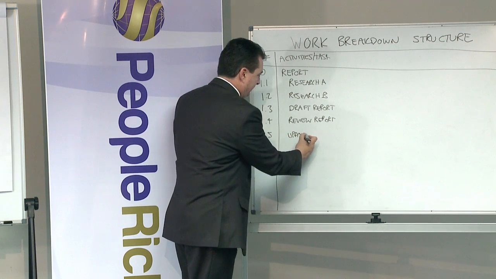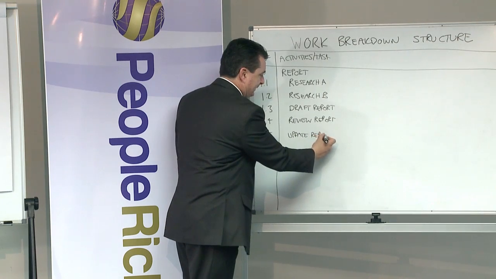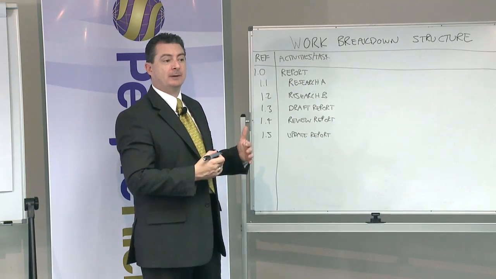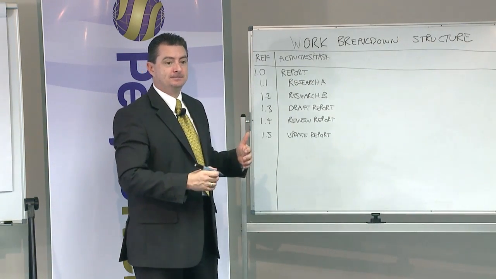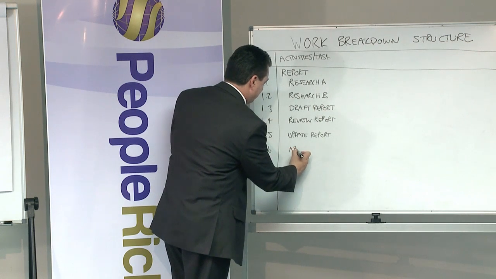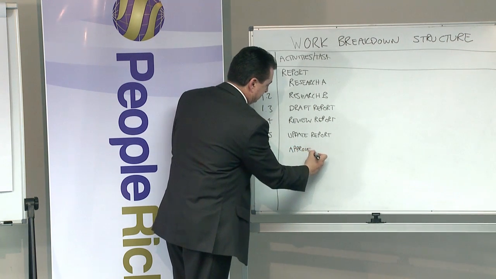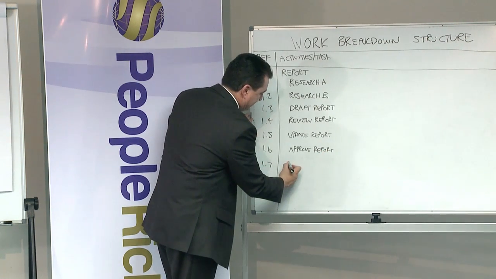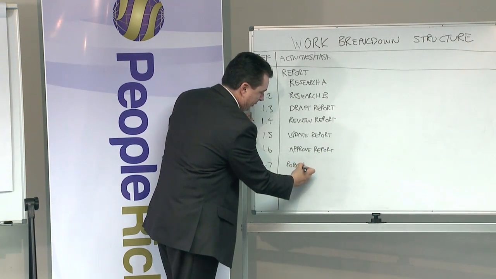So we update the report. Then once it's updated, what do we typically do with it? Excellent. Before we publish it, we would normally have it approved. 1.6, approve report, and then we would publish the report. Now you can see each of these, they're written in verb. Do you see that?